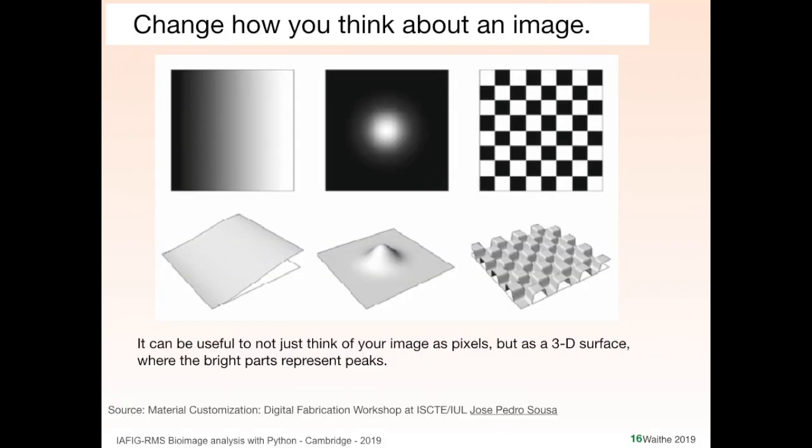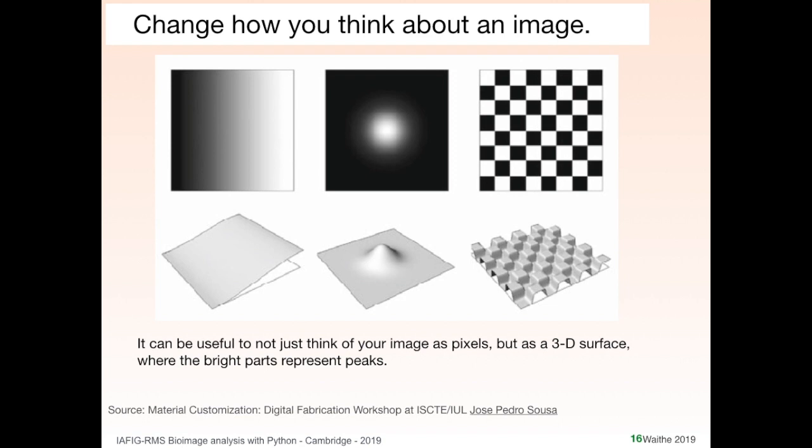So when we do this, it's helpful if you start thinking about your image in a slightly different way. A great way to think about your image is as a topographical 3D image. What I mean by that is, when you see an image, it goes from dark to light, and you can visually make sense of this.